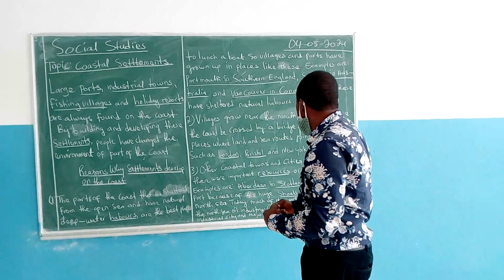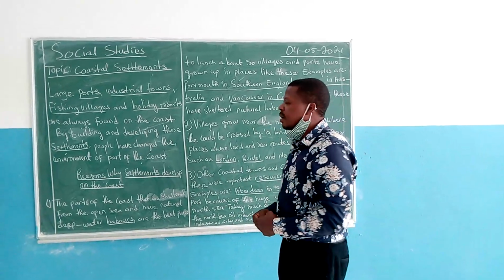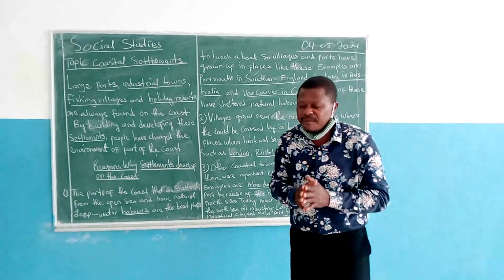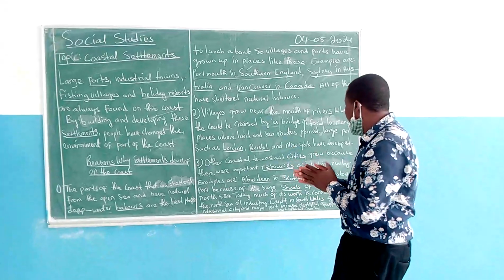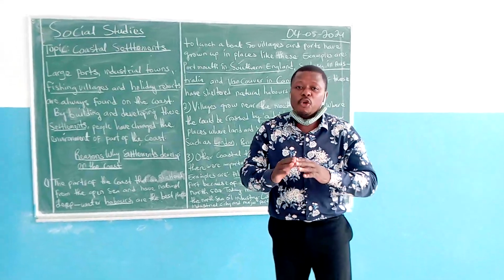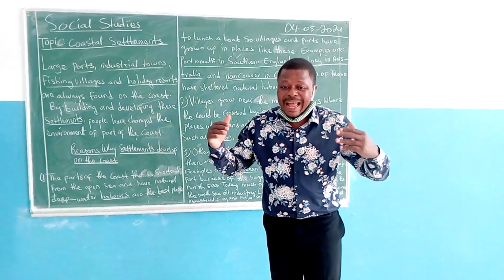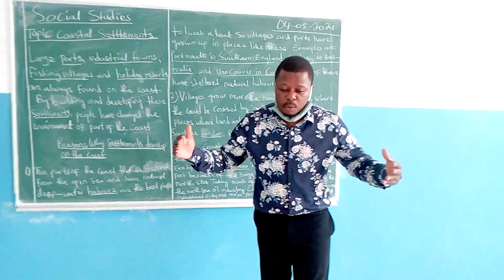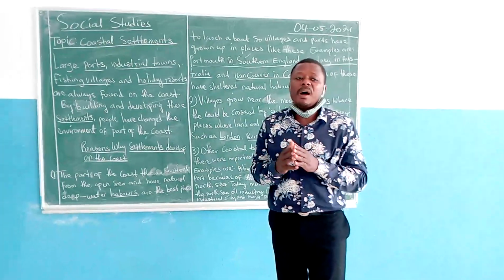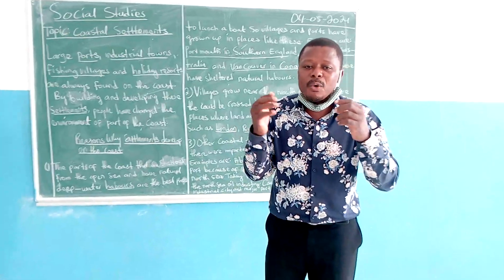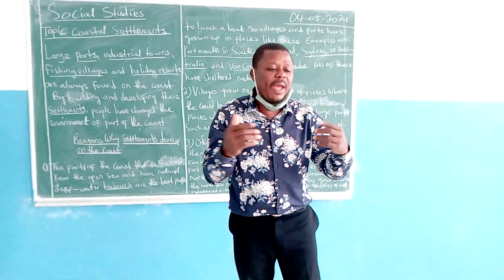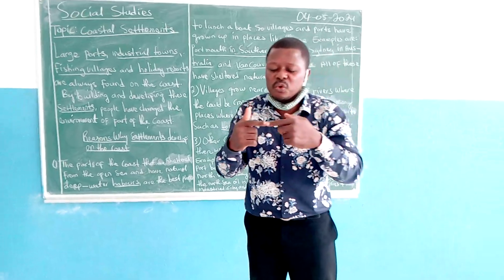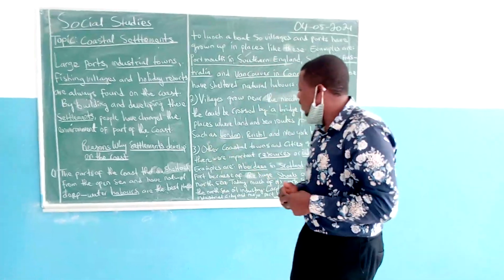And the other one is Bristol. These three cities I have mentioned, London, Bristol, and New York, have grown into large coastal ports and cities because of their location on a place where land and sea routes join.